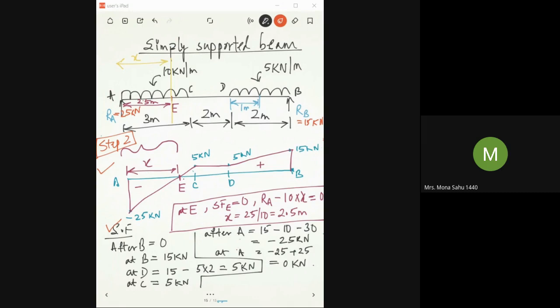Whenever the shear force is equal to 0 in the shear force diagram, at that same point the bending moment will be maximum.